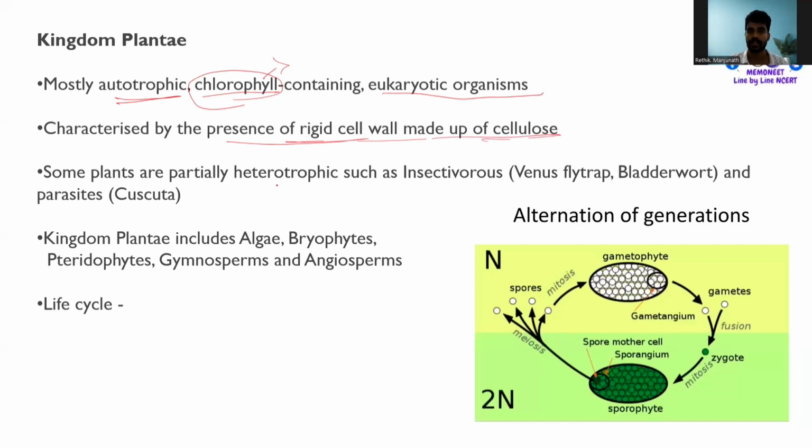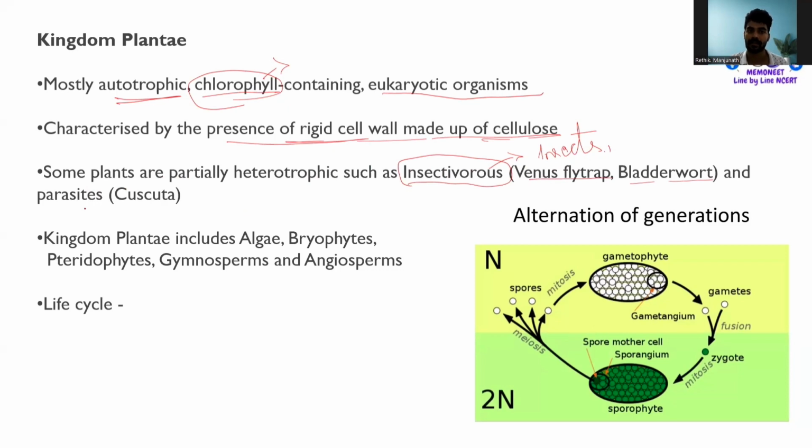And some plants are partially heterotrophic. If you consider insectivorous plants, they depend on even small insects for their nutrients, as well as on sunlight, water and so on. Some examples of insectivorous plants are Venus flytrap or bladderwort.